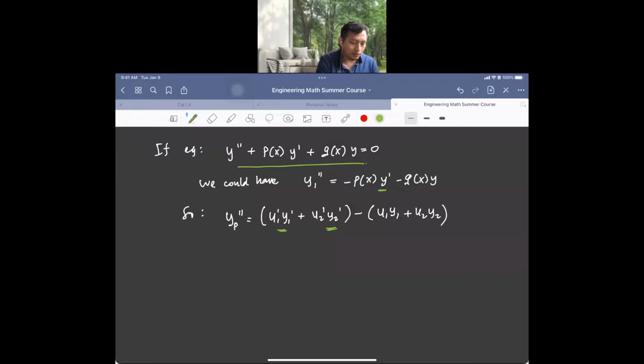We can have a grouping between the y prime and y. And then we know that u1 y1 plus u2 y2 is our y.